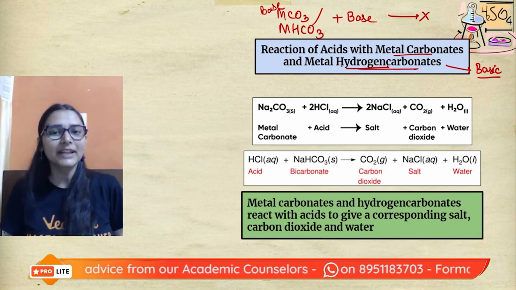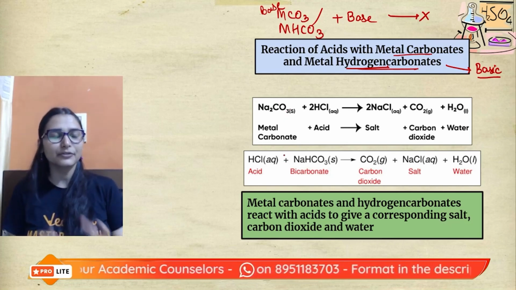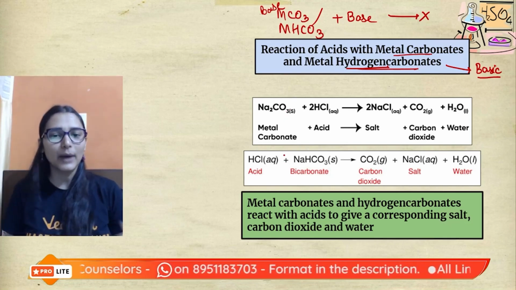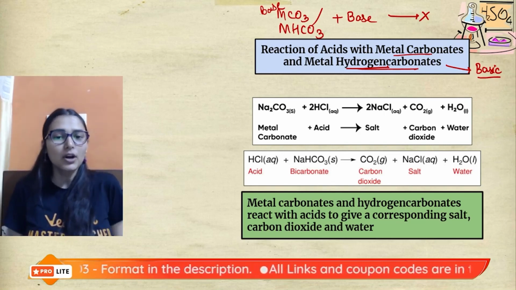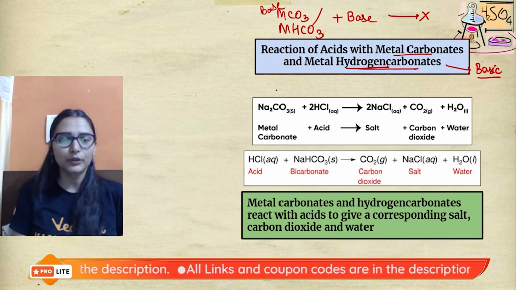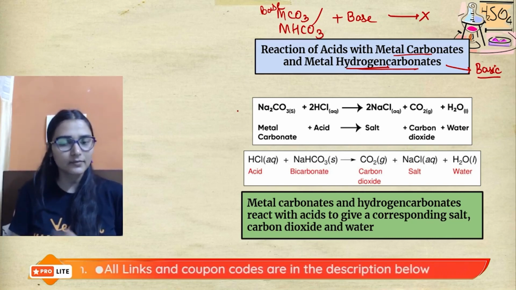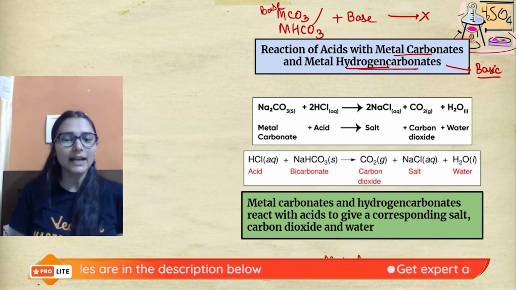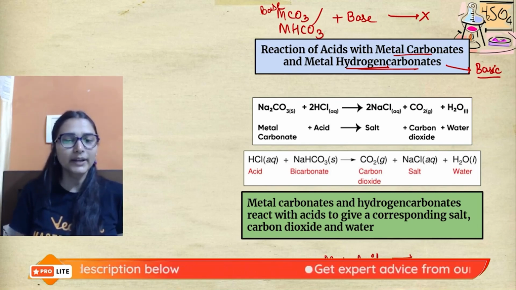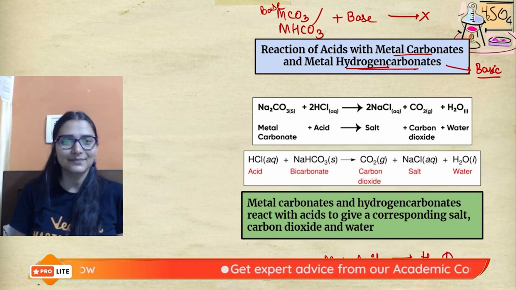ठीक है? तो यहाँ पर reaction होता है metal carbonates with the acids only, metal bicarbonates with the acids. जैसे यहाँ पर देखो, we are having this metal carbonate with an acid. So see, there's a simple trick. When metal alone was reacting with acid, you were getting hydrogen gas. है ना?